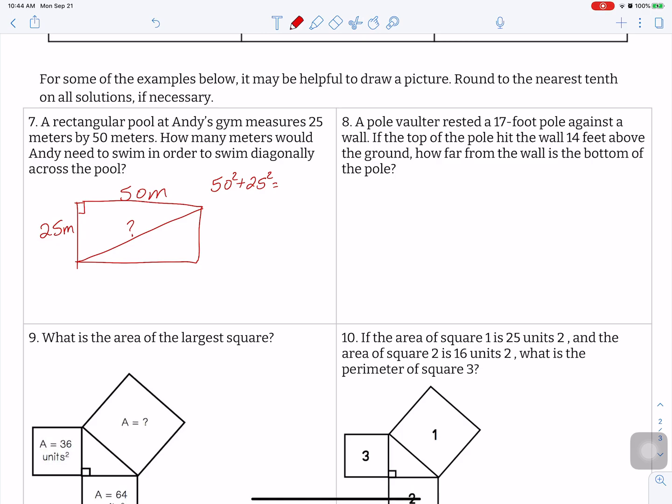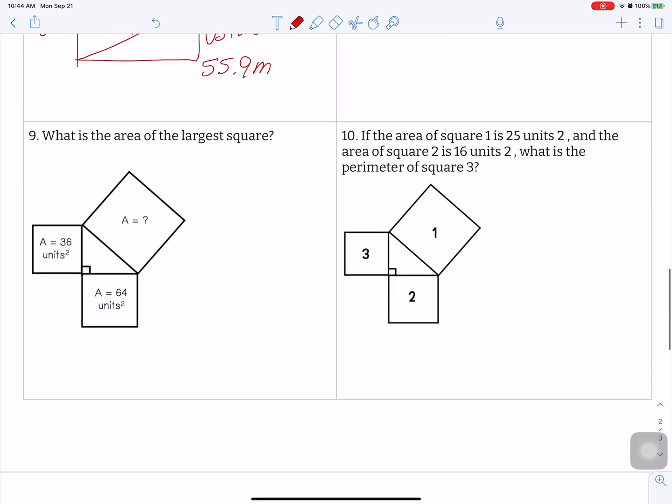So then I will just figure out what those are. So 2,500 plus 625, and that's going to give me 3125. And then I'll take the square root to get 55.9 meters. Go ahead and try those other ones and see how it goes.